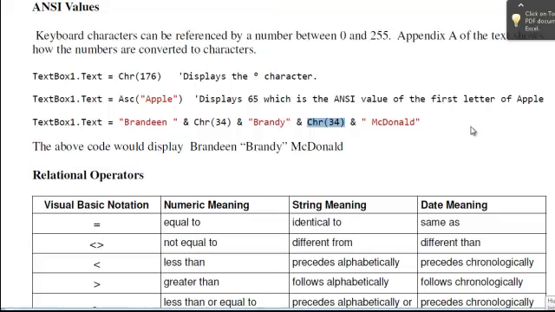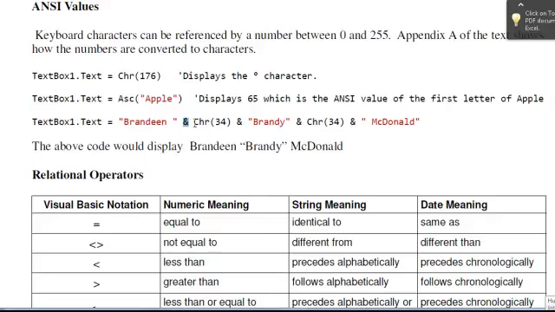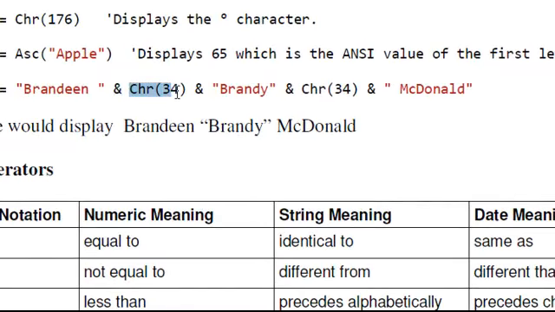Remember, we can add strings so that if we wanted to combine our first name, our nickname, and our last name, but we wanted the nickname to be in quotes, we could use the ampersand character to add the next thing, which in this case is character 34, and character 34 happens to be the quote character.